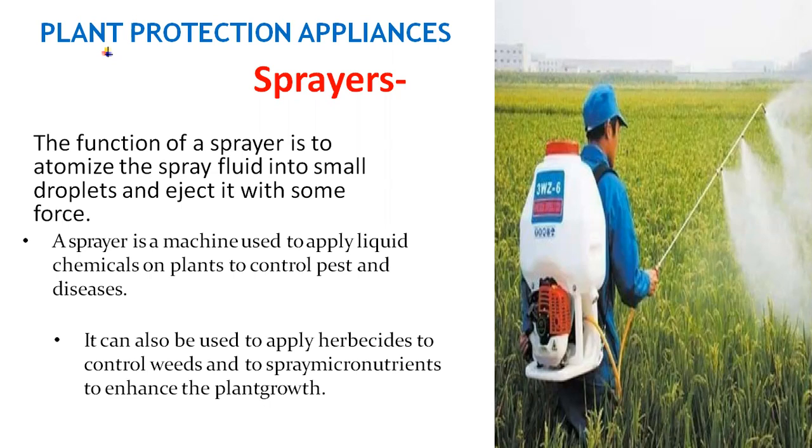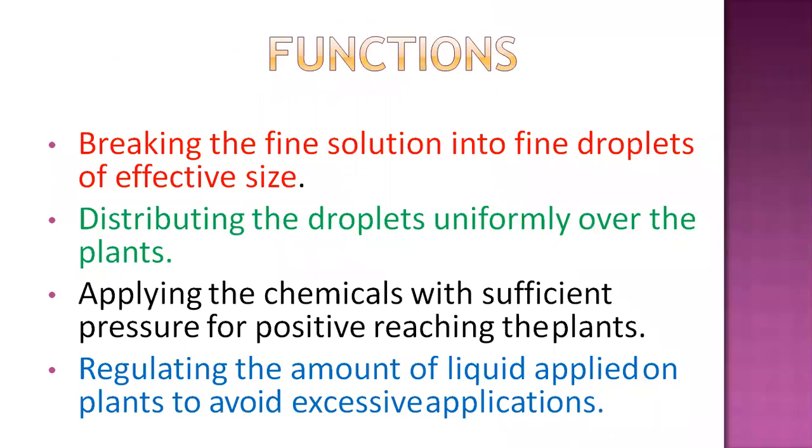Now the next one: what are the functions of this sprayer? The first one is breaking the solution into fine droplets, for effective distribution. Distributing the droplets uniformly over the plant parts, to control many organisms like diseases, insects or weeds.